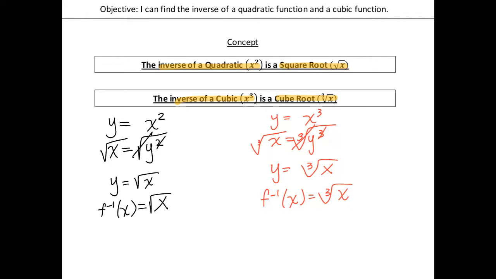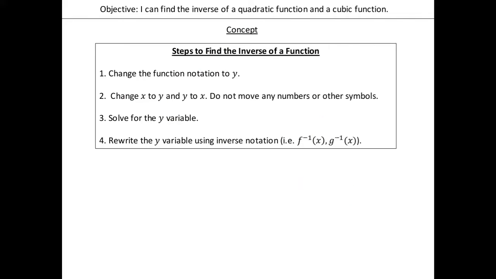All right. So our steps today are going to be the same as we did here. You're going to switch the function notation to y, switch the x and the y, solve for the new y, and then go back to inverse notation. That's going to be the same process, except we're going to have exponents today. So we have here the steps to find the inverse of any function.